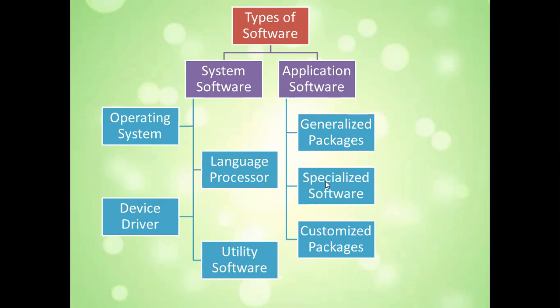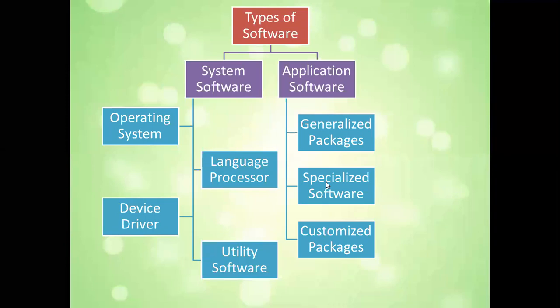For example, if I talk about the school software, Atlantic, which we are using nowadays, that is customized software. ये market में आप कहीं जाओगे market में और आप बोलोगे कि आप मुझे Atlantic दे दो, so you cannot purchase Atlantic, because the features are developed for our school, according to the needs of our school, according to the use of our school only. So all those software which are particularly designed for a particular company or a particular organization are known as customized software.